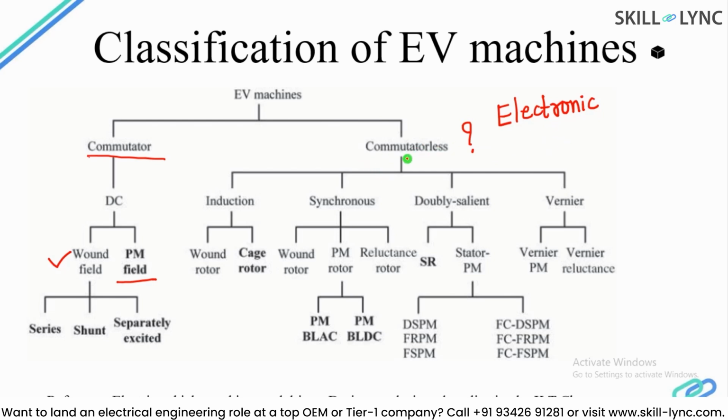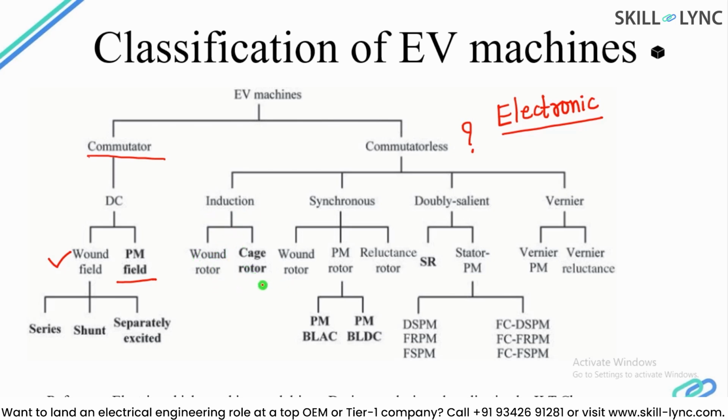In the case of an induction motor, commutation is not required because of the working principle of the motor, right? So let's see the first category, which is the induction machine, and there are two categories.